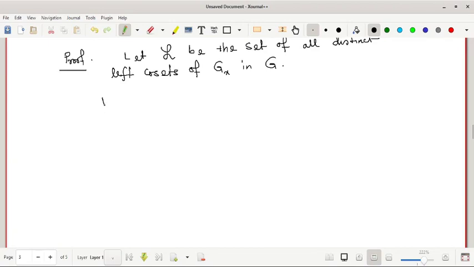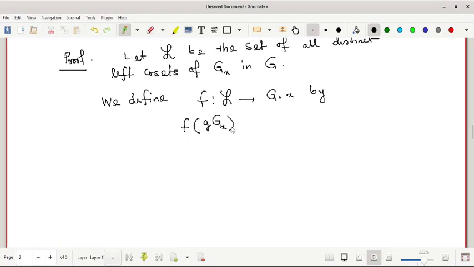We define f from script L to G dot x by f of gGx.